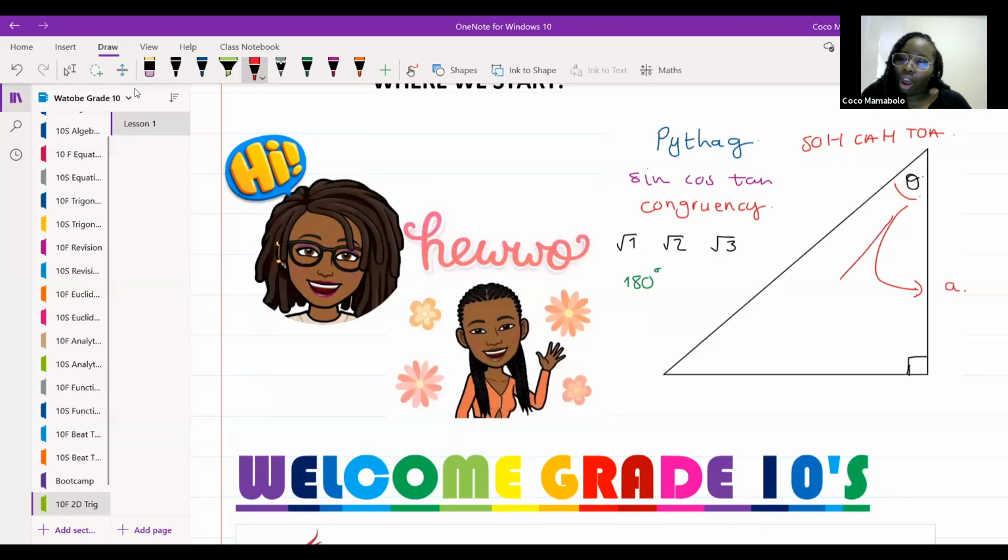The one across from it, which one is that? That's our opposite side. And we know that our hypotenuse is always going to be across from the 90-degree angle. So over there, that's our hypotenuse. Give me a thumbs up if all of this makes sense. Do we understand how to label each of them in terms of the angle that we've been given?